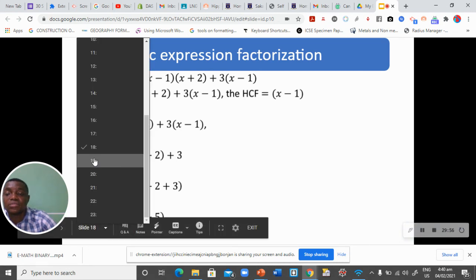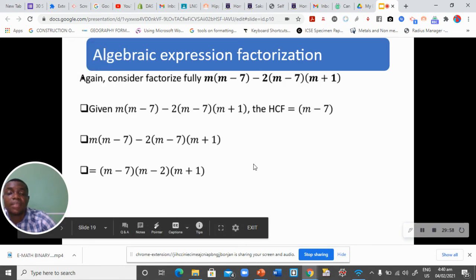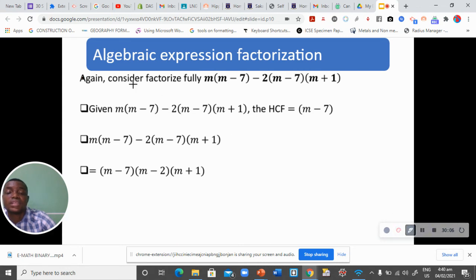Let's check another example of factorization. In this example, we have m times (m minus 7) minus 2 times (m minus 7) times (m plus 1).